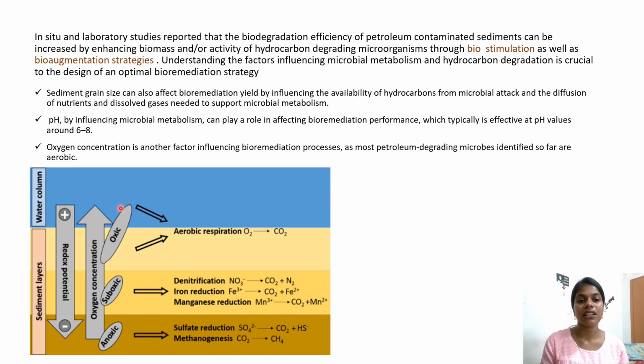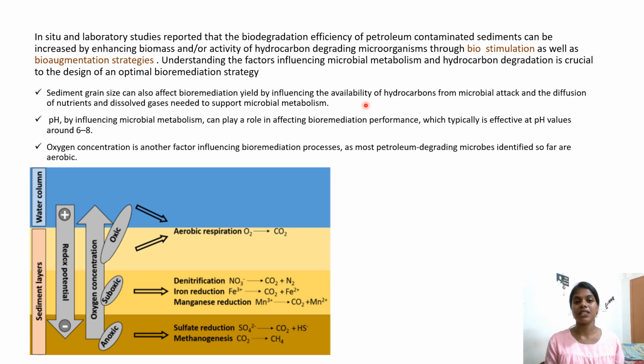For that, the marine sediment grain size is important. It can affect the bioremediation yield by influencing the availability of hydrocarbons to microbial attack and the diffusion of the nutrients and dissolved gases needed to support microbial metabolism. Also, nutrients are very important for these microbes to perform well.